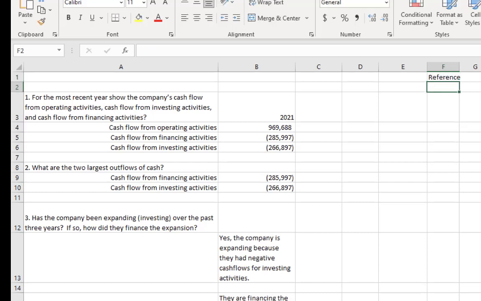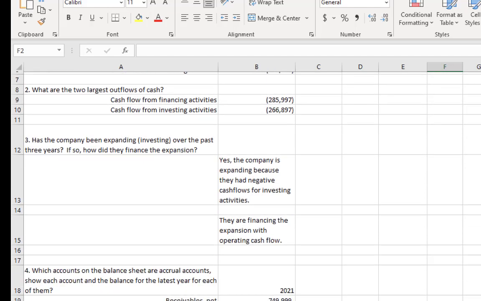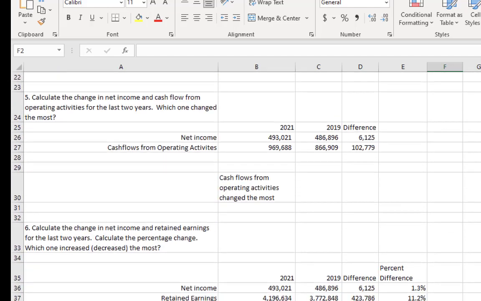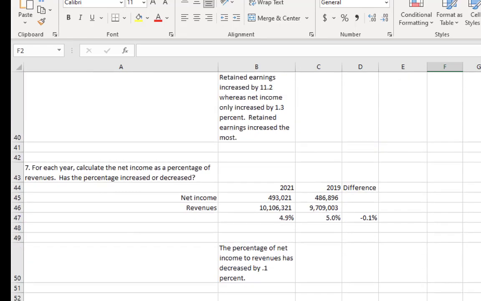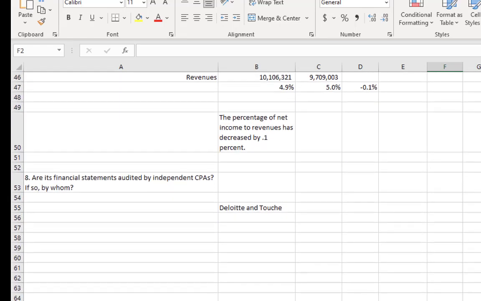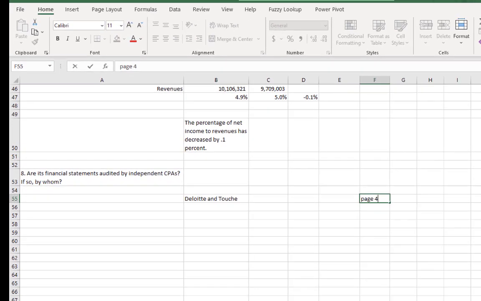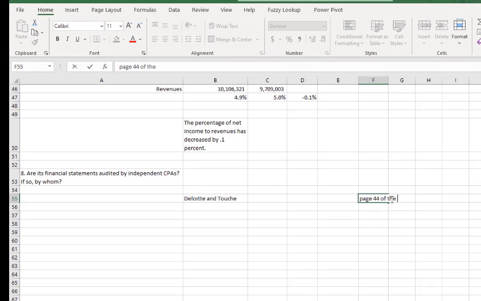Because all of this has come right from the financial statements that are in the Excel sheet. But if you have to answer a question that comes from someplace else, you need your reference. So I'm going to go down, it's an F. So right here, I'm going to put page 44 of the 10K PDF.